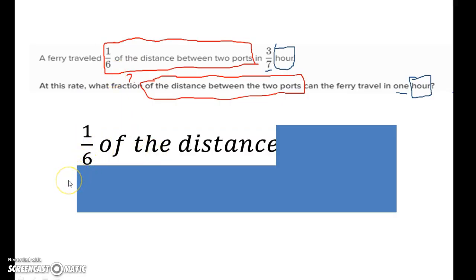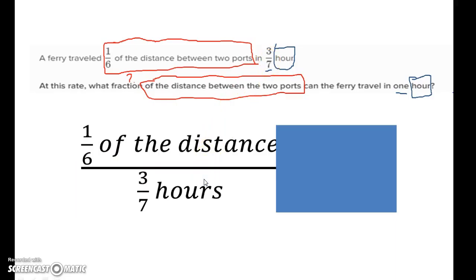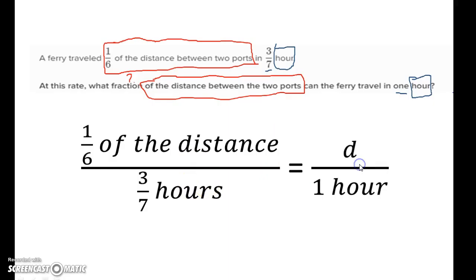That's being compared to 3/7 of an hour, and I wrote 3/7 hours, so either way. That ratio is going to be compared to D, the distance between the two ports that is traveled in 1 hour. All I had to do is make sure my side-to-side labels matched, and now I'm going to find the scale factor.